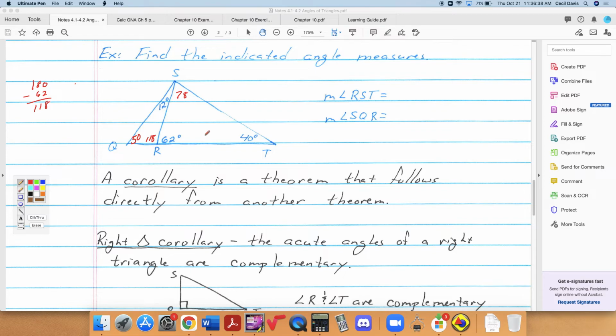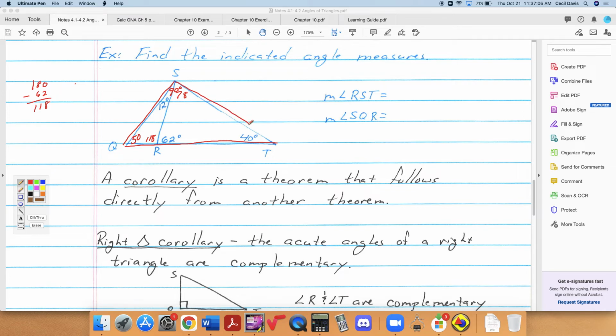Yes, Jake. You can take the whole angle SQT, that's this angle. So 78 plus 12 is 90, so this whole angle up here is 90. And then the 40-degree angle, and then add them, that's 130, and then subtract from 180, 50.